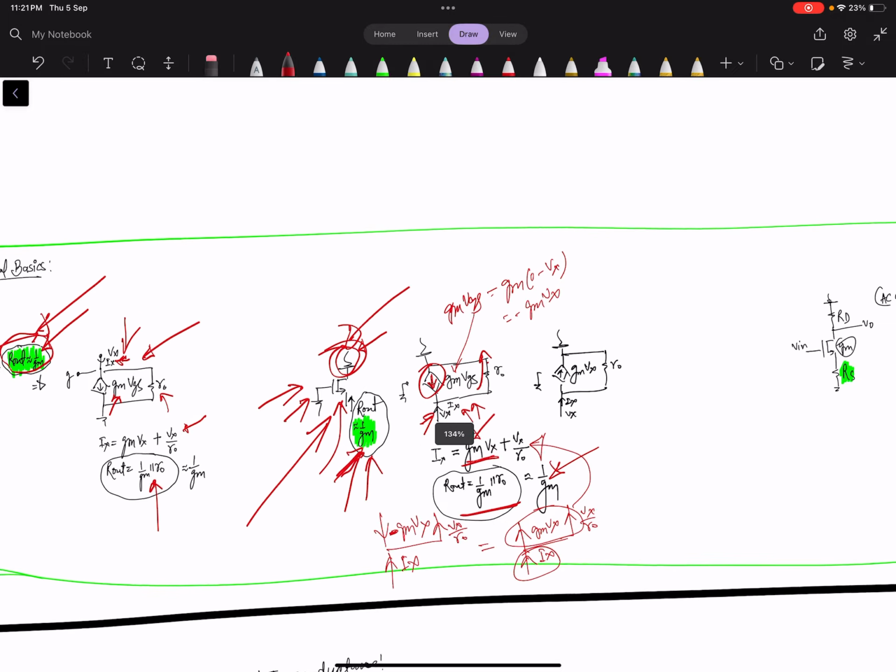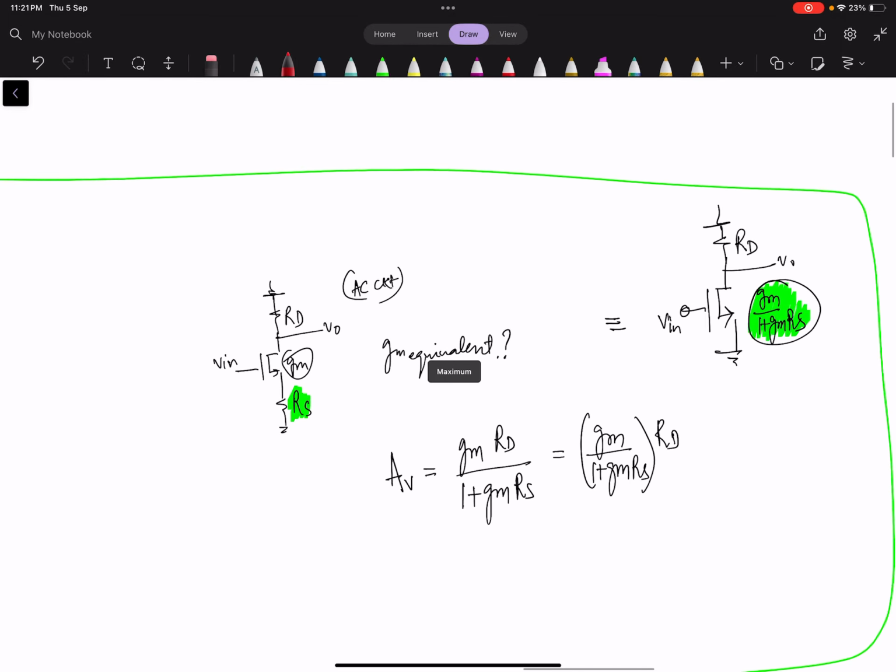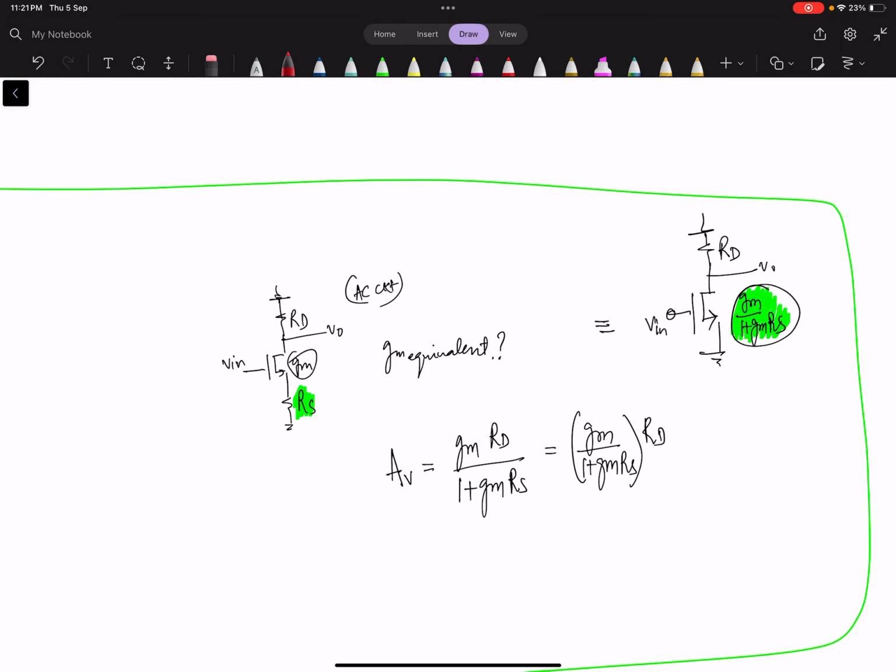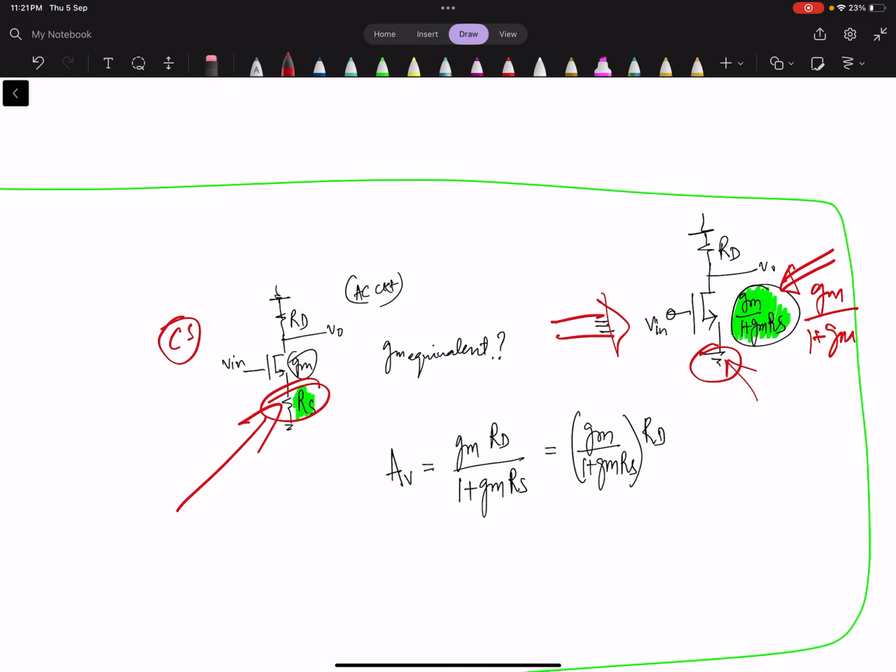One important point I want to share is that when there is Rs, a degenerated source resistance in the common source amplifier, then this circuit can be considered equivalent to one without Rs, with the source at ground, but gm is now changed to gm upon 1 plus gm Rs.